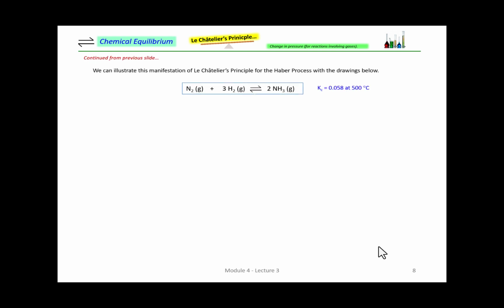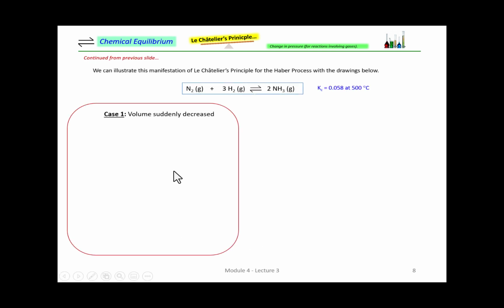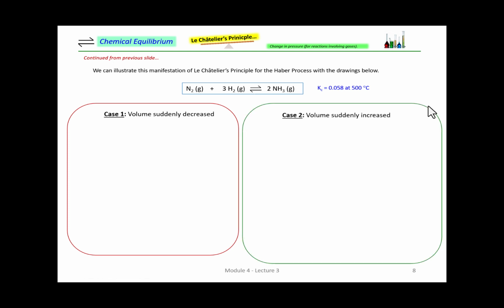So we have 2 cases here. Case 1, where the volume is suddenly decreased, and then we'll look at the second case where the volume is suddenly increased. So going back to the volume suddenly decreasing, let's suppose the original volume containing the reaction at equilibrium is illustrated by the size of this box. Here's the equilibrium in this container.